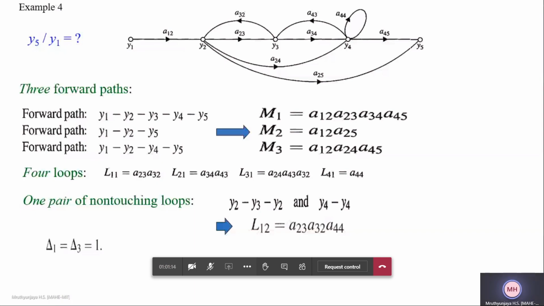So among delta 1, delta 2, delta 3, the first and the last one will have the value 1 because it is basically touching all the loops. Whereas delta 2 will be 1 minus A34, A43, that is the middle loop, L2.